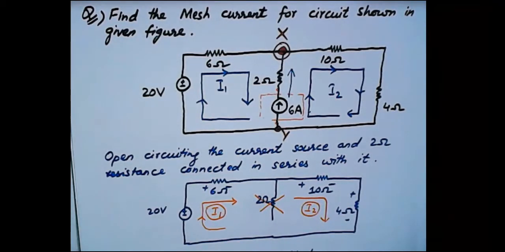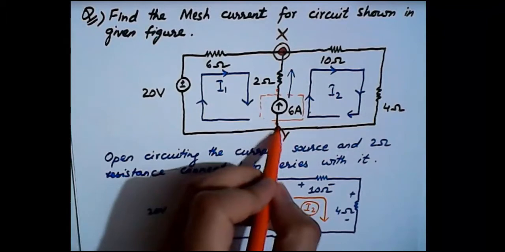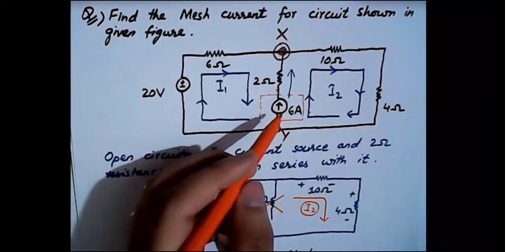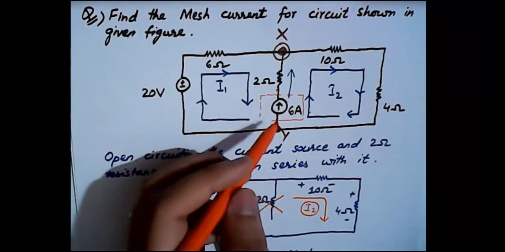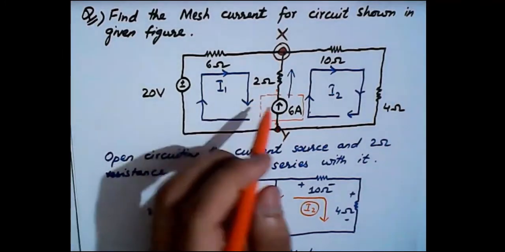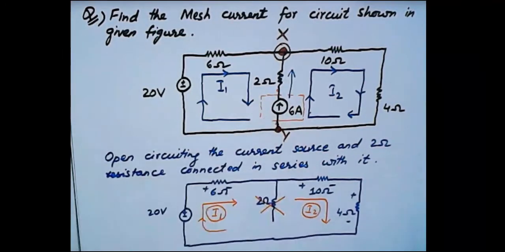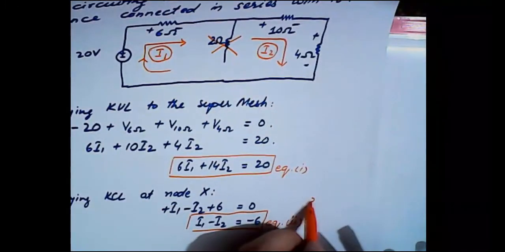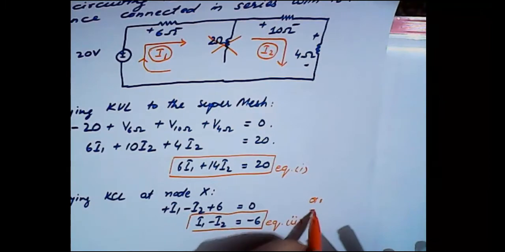If we apply KCL at node Y, we can see again that this node Y involves 3 currents. The 6 ampere current, the source current, is leaving the node, so since it is leaving the node, it will be -6.